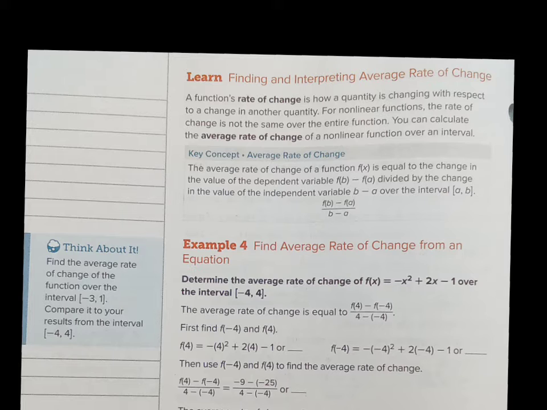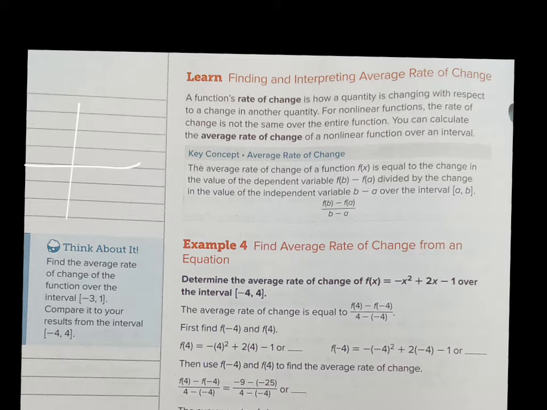For nonlinear functions, the rate of change is not the same over an entire function, right? And so if you think of a line, the rate of change is constant here, right? It's up and over, up and over. It's the same up and over the whole time.